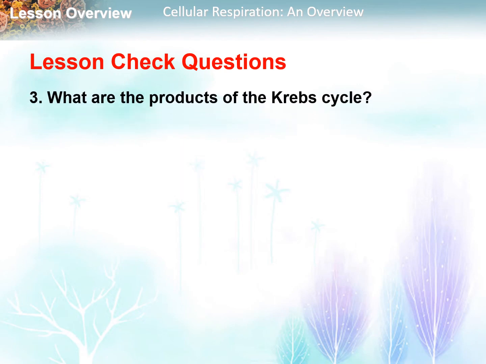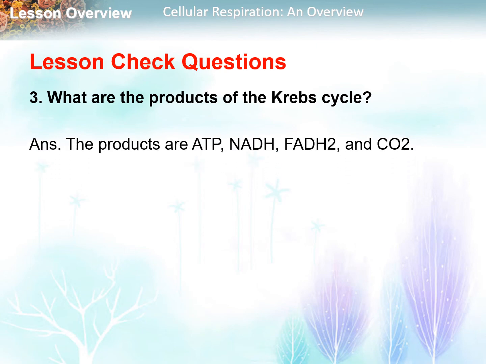Number three question: what are the products of the Krebs cycle? For answer, the products are ATP, NADH, FADH2, and carbon dioxide.